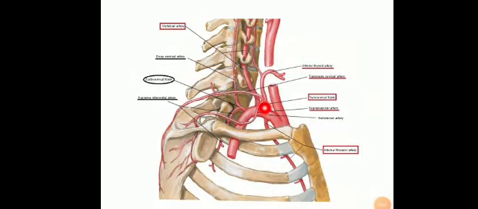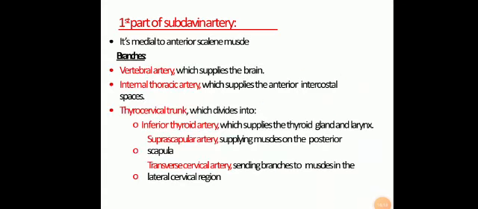The third artery is known as thyrocervical trunk, from its name divided into inferior thyroid artery and two arteries, transverse cervical artery and suprascapular artery. This is a branch of the first part.